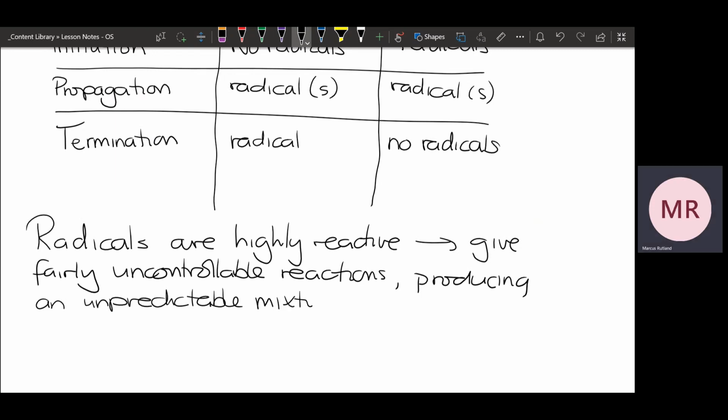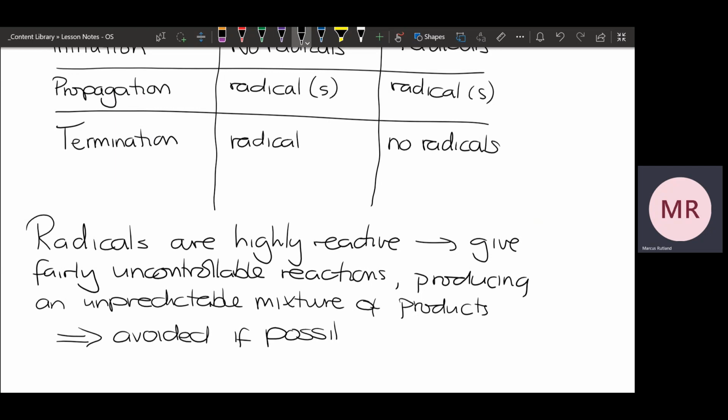Sure, they might give you what you want, but they'll probably give you a whole bunch of other junk as well. So to that end, they're avoided if possible. If you can find a better way of making your reaction happen than using radicals, then do that.